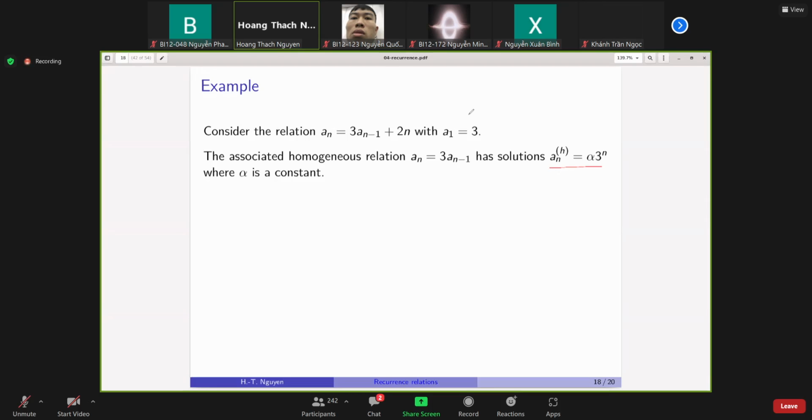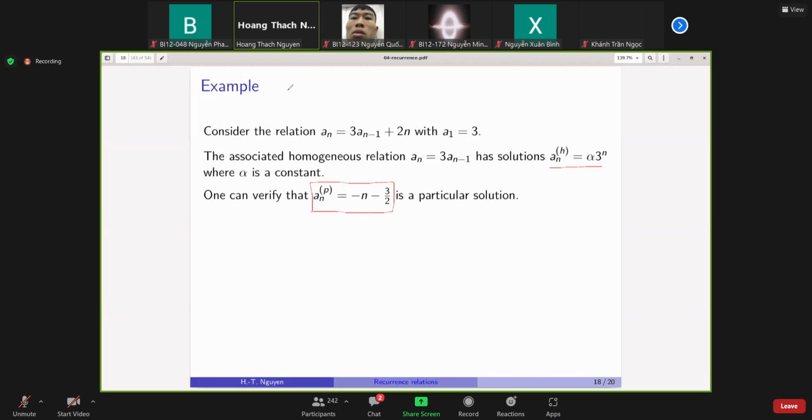Now let us cheat a little bit. We don't know how to find such a particular solution, but now suppose that we know a particular solution, which is given here. You can verify this is a particular solution. If you don't believe me, then you can plug it in.